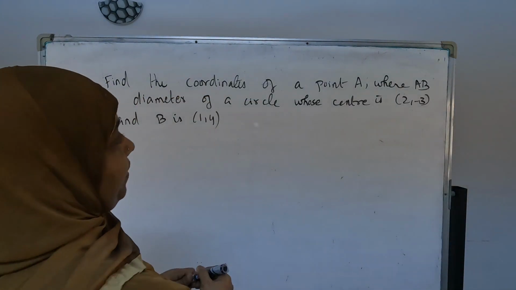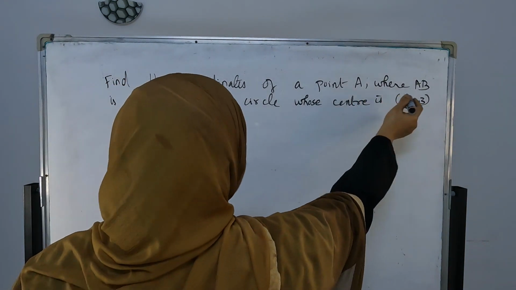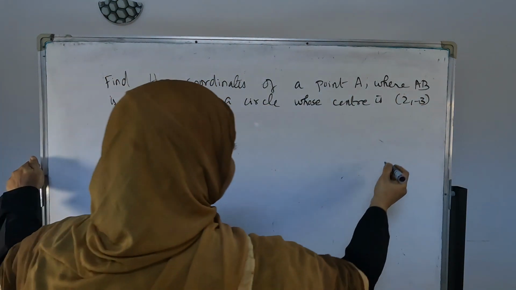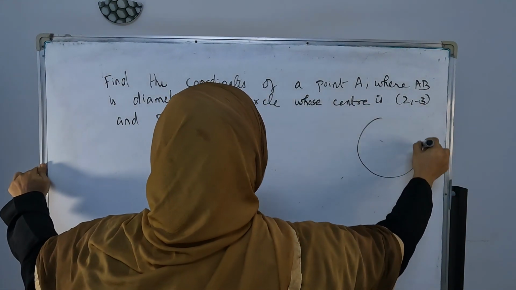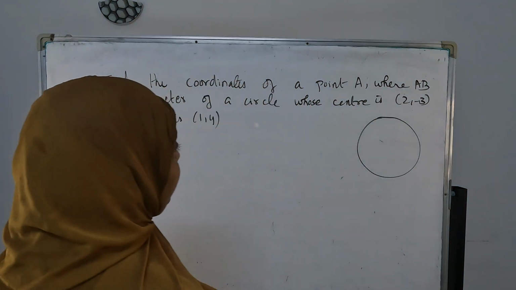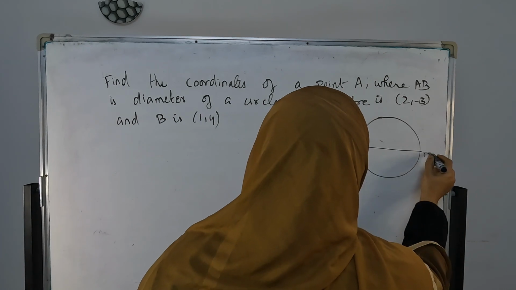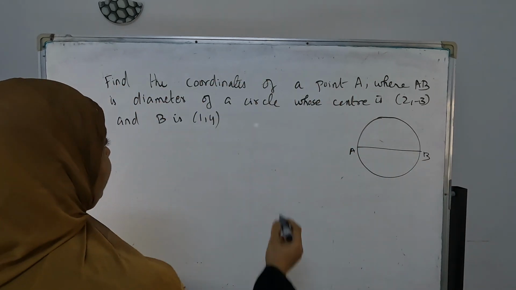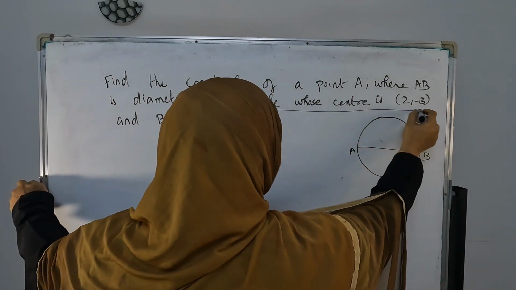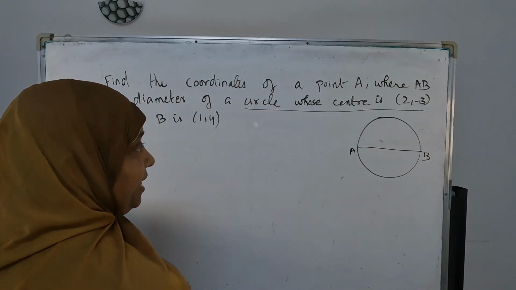Find the coordinates of a point A where AB is a diameter of a circle. So in this, AB is the diameter and a circle whose center is 2, minus 3.